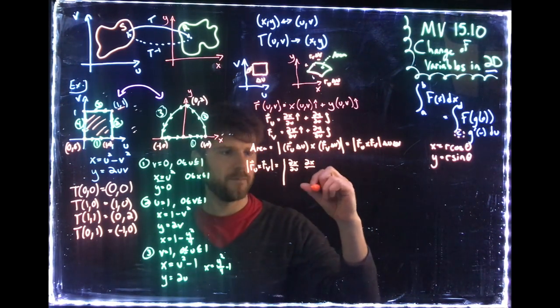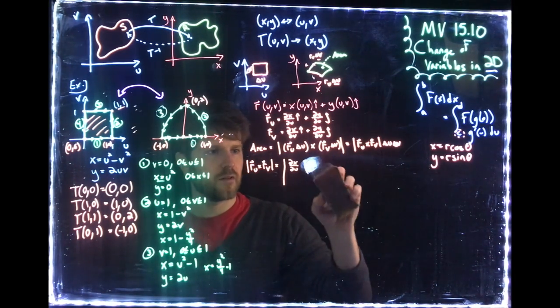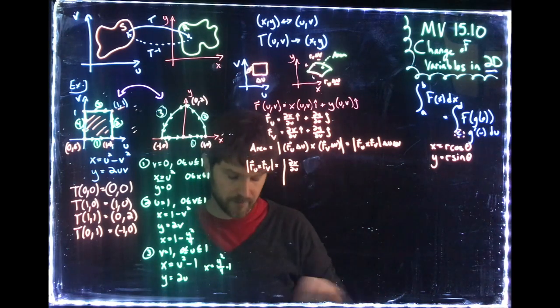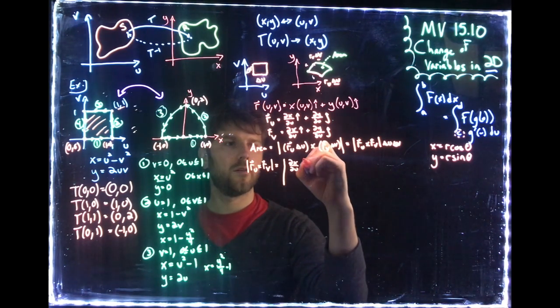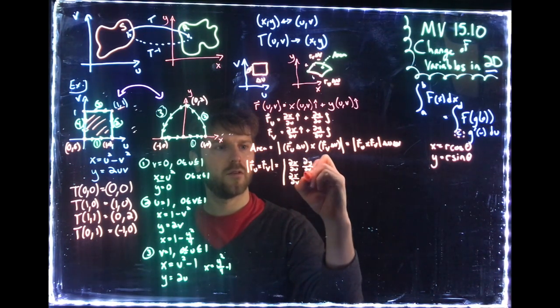Oh, I'm sorry, I'm jumping the gun here. I don't want to jump any guns here. Partial y partial u, partial x partial v, partial y partial v.